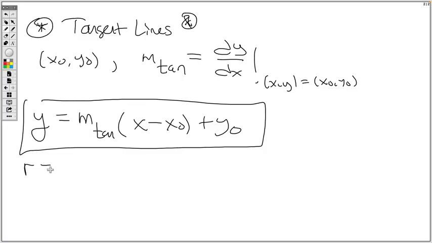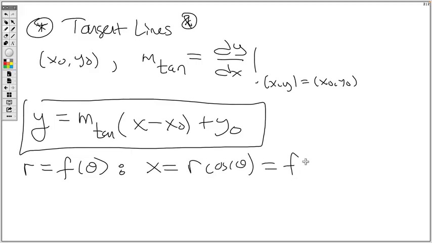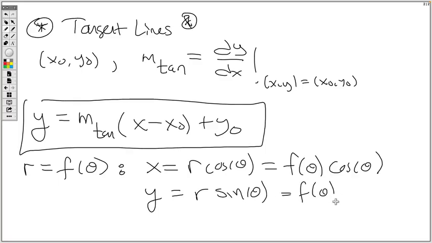Because if we think of r as a function of theta, and we think of x as r cosine theta, that's like having x be a function of theta: f of theta cosine of theta. y is r sine theta, that's f of theta sine of theta. We can think of the polar curve as being parametric.